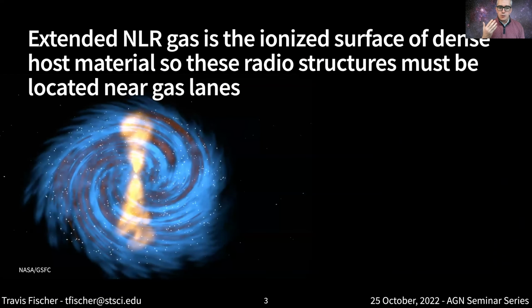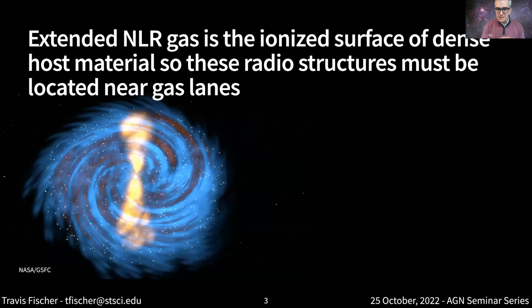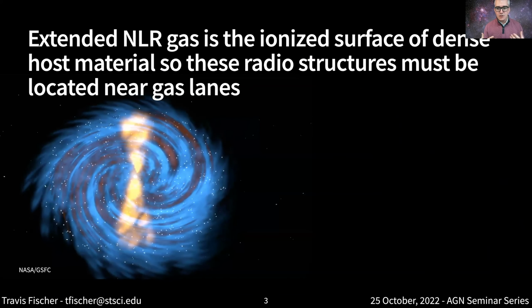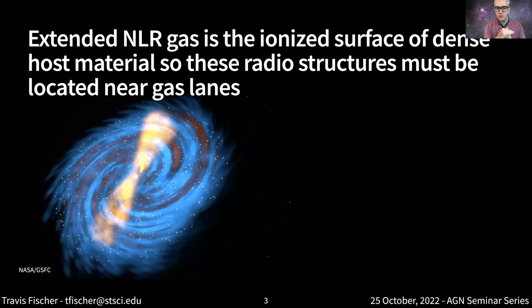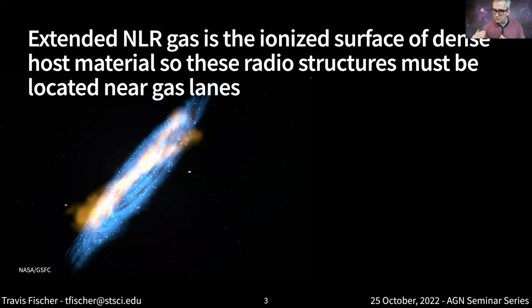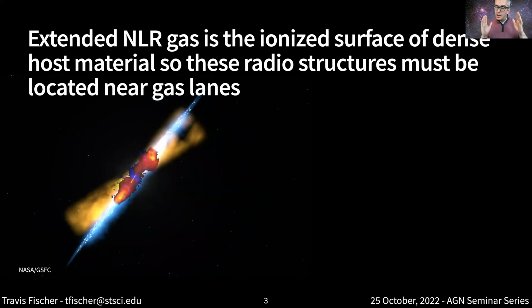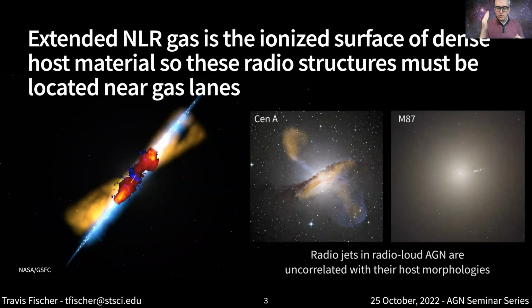And so what we believe that means is that the extended narrowline region gas is the ionized surface of dense host material. So we always see the relationship between molecular gas, the reservoirs of dust and gas that are in these host galaxies, and they are aligned with the narrowline region gas because that's the ionized surface of those reservoirs. And so the radio structure is always aligned with the ionized gas.